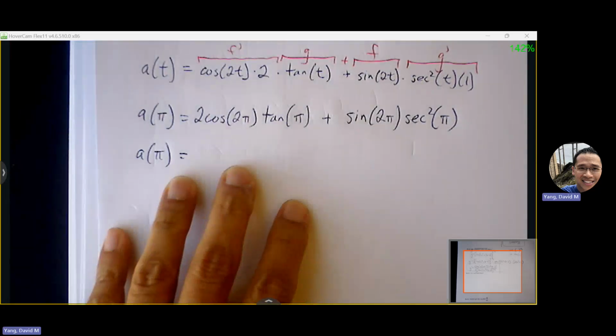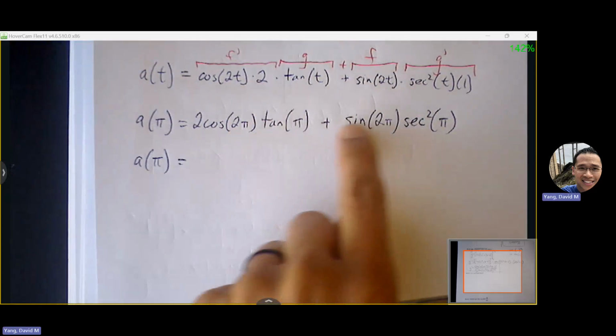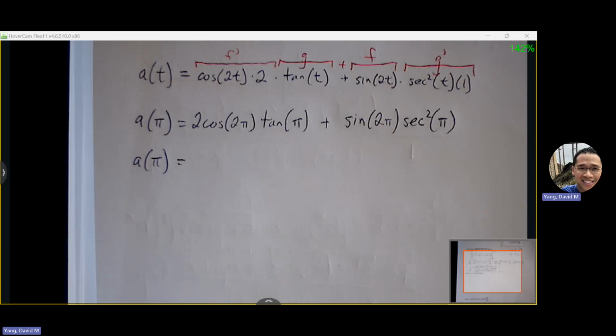Okay. On the quiz, on the AP exam, you cannot leave your answer in this form. You have to evaluate your trig.